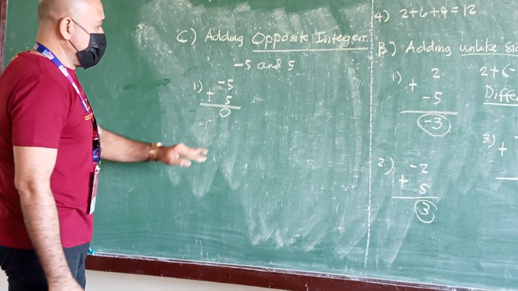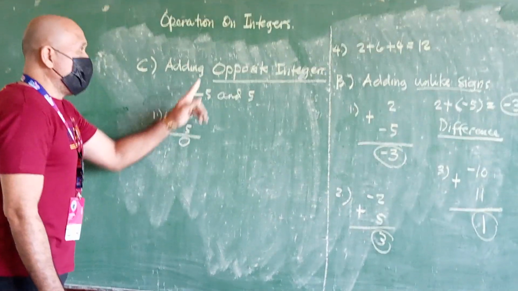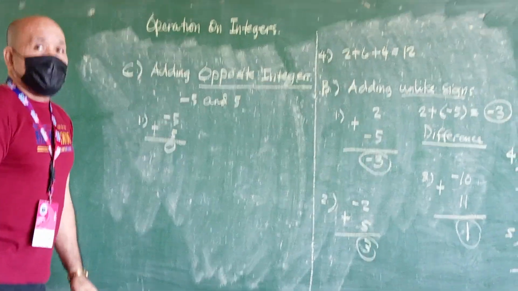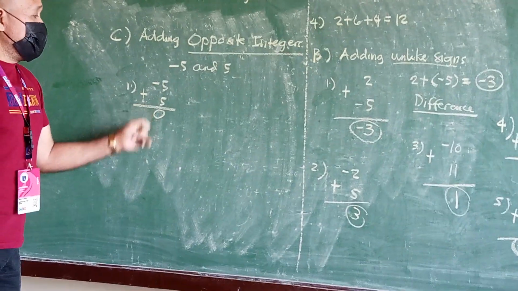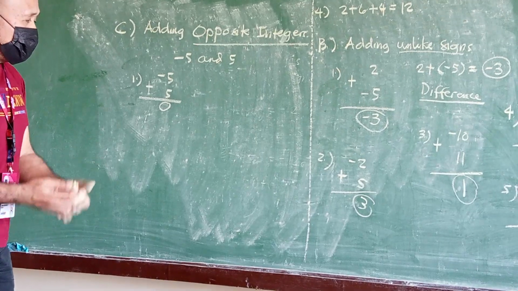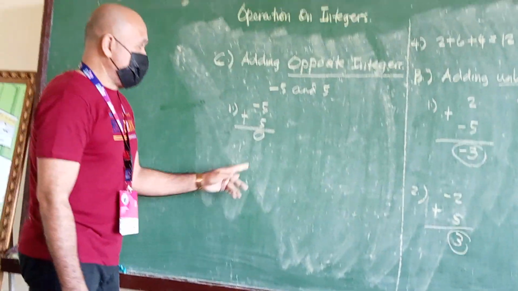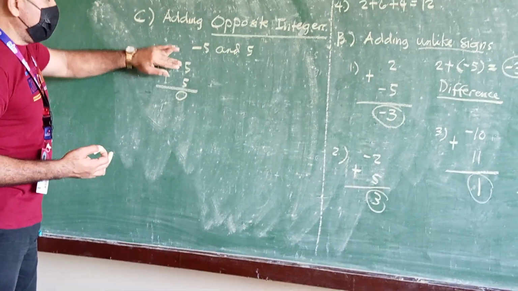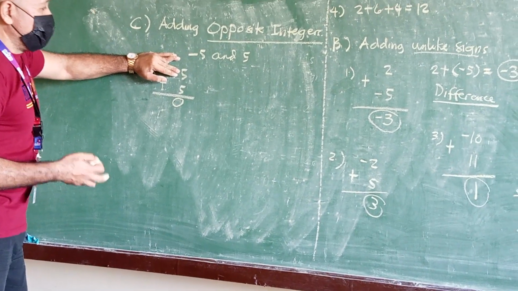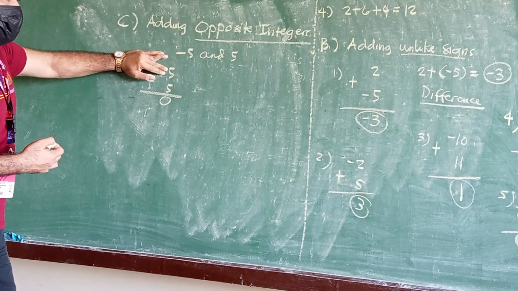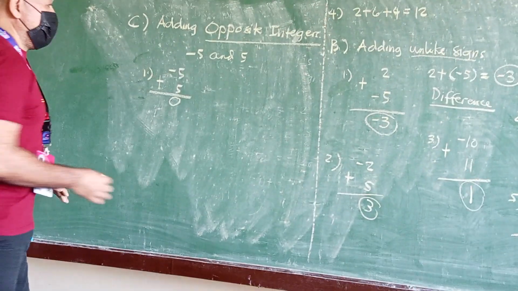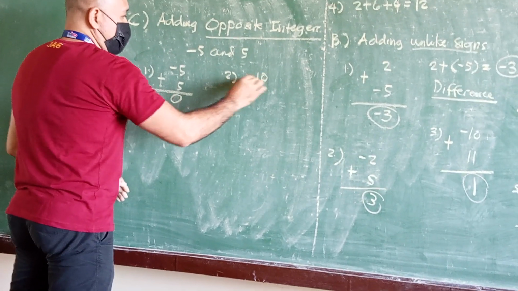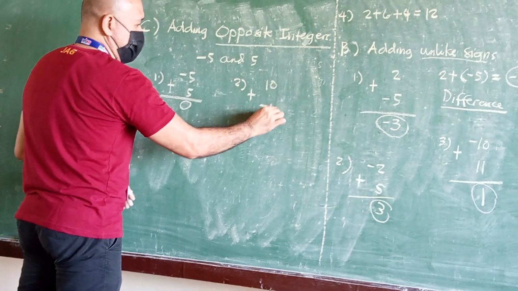As simple as that. So as a conclusion, when you add opposite integers, the result is 0. The sum is 0. There is no difference that you can get because the numbers have the same value when you remove negative signs. Another one, you have 10 plus negative 10.